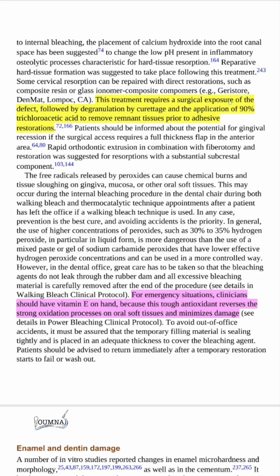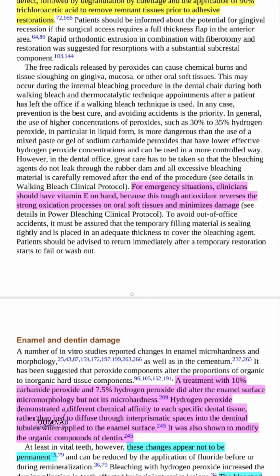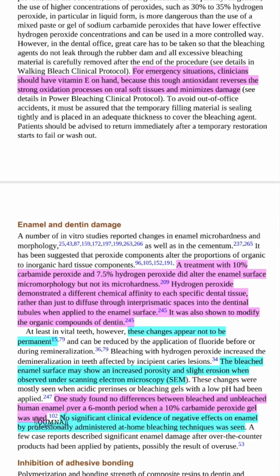We expose the defect surgically, and we remove the granulation tissue, which is the inflammation that happened on the cementum, and then we do curettage using 90% trichloroacetic acid to remove any remnant tissue before we use the adhesive restoration. This is the treatment management of cervical resorption.